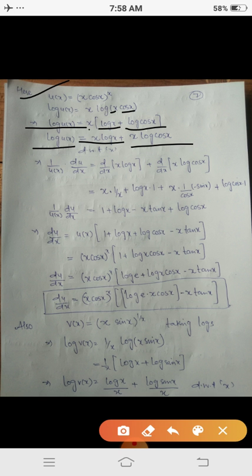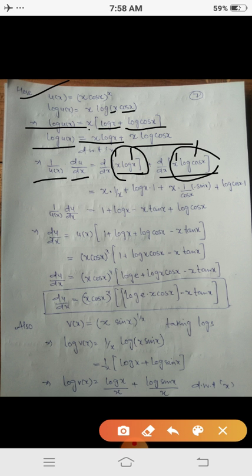Now when we differentiate this, it is simply 1 upon u into du by dx. Differentiation of this is differentiation of x log x plus differentiation of x log cos x. Here we have functions which are products of two functions: x and log x, and x and log cos x.